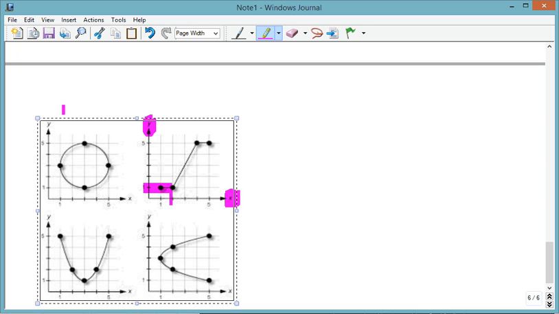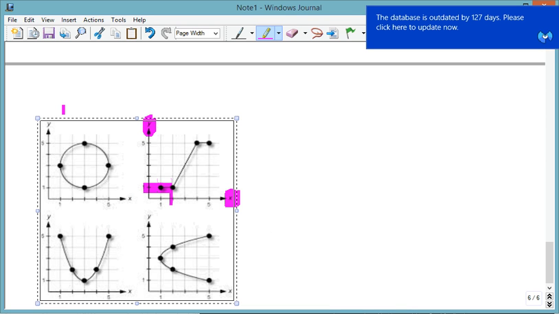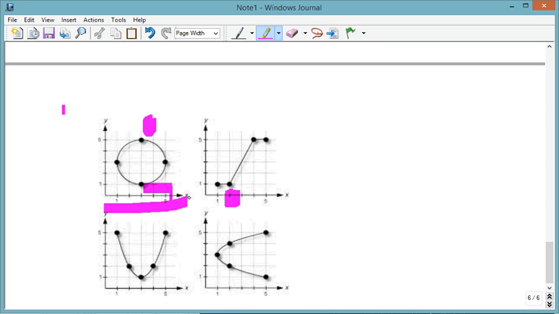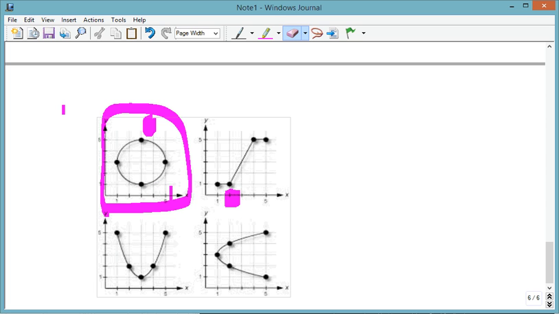you can tell that it's a function if for any x there's not 2 places that it hits the y. So say like this one, if we look at this one, let me get rid of these now.